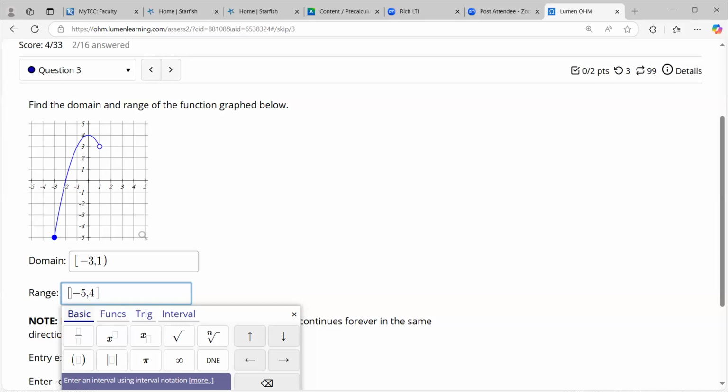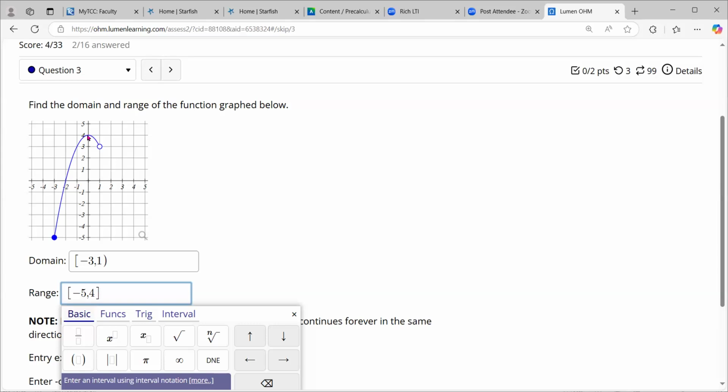So the y value of that point is in the range. Since -5 is included in the interval, we use a left bracket. For here, we're going to use a parenthesis. Reason, oh no, I'm sorry. Use a bracket as well. My gosh. So for here, we use a bracket as well.